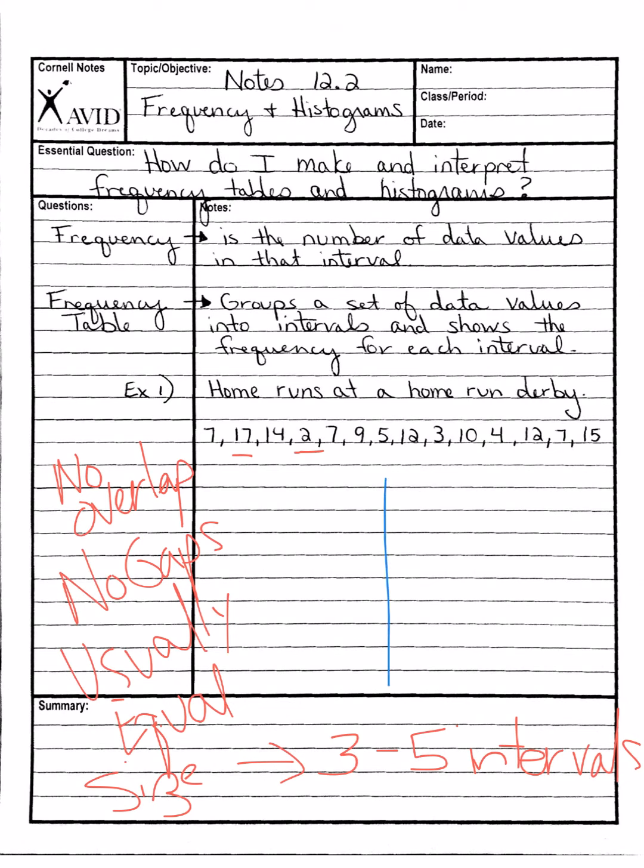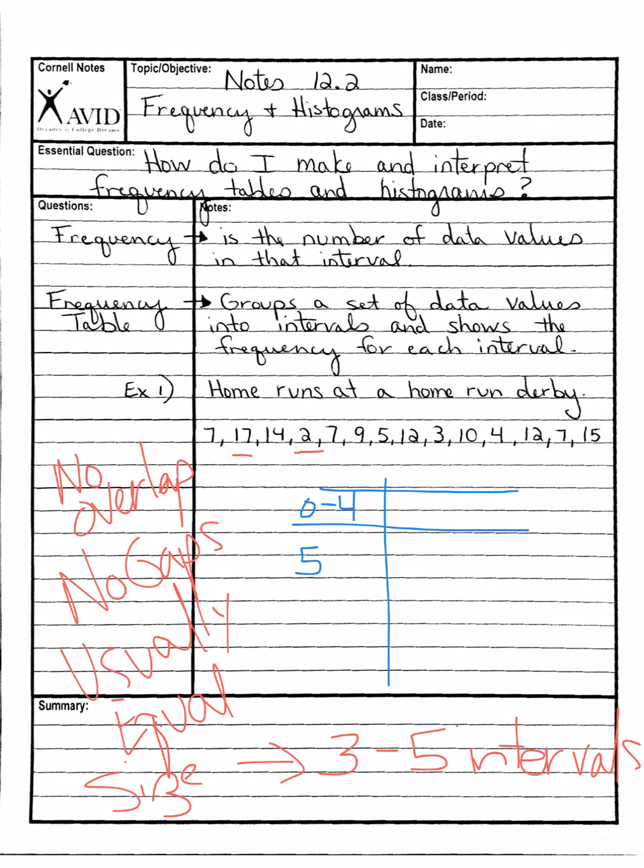Okay. We're going to start with looking at our first interval here. And we're going to start with 0. And I would say we would maybe want to go like 0 to 4. If you actually count on your fingers, 0, 1, 2, 3, and 4, that's actually 5 spaces.